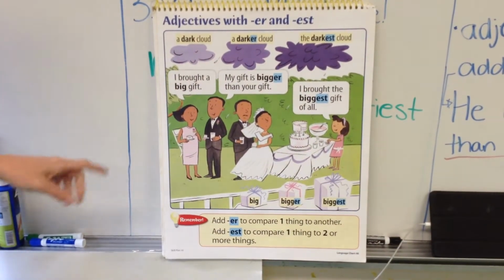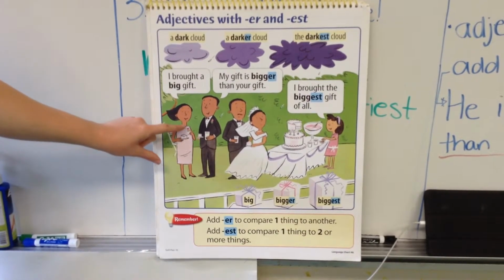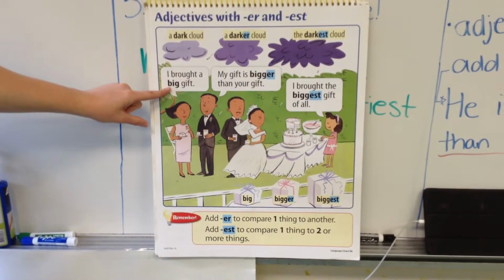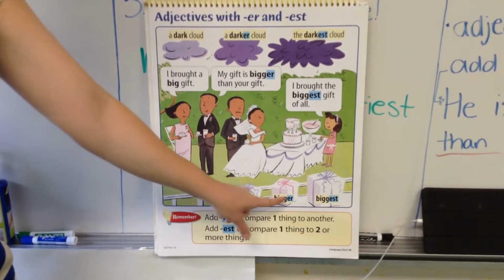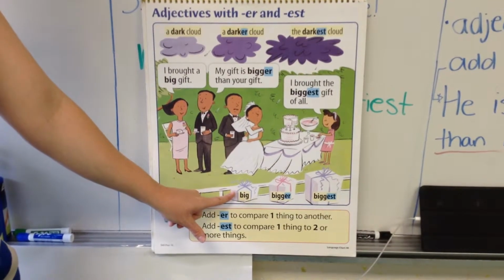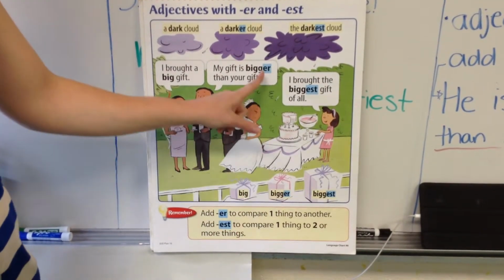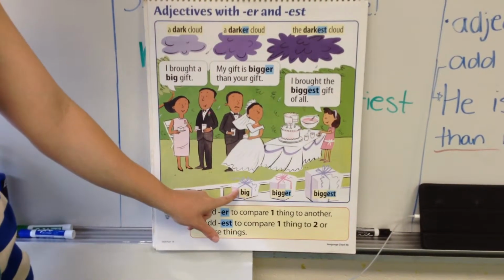Here's another example. We're not comparing anything here, but we are using an adjective. I brought a big gift. Here we compare two things, this gift and this gift. This gift is bigger than your gift, bigger than this one.